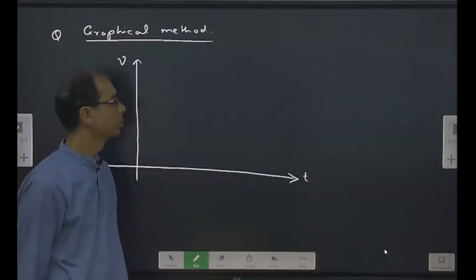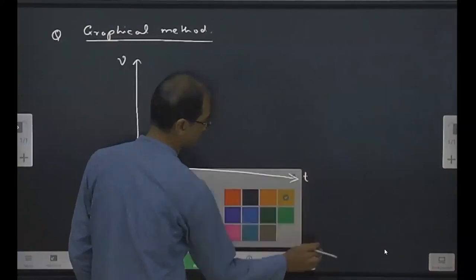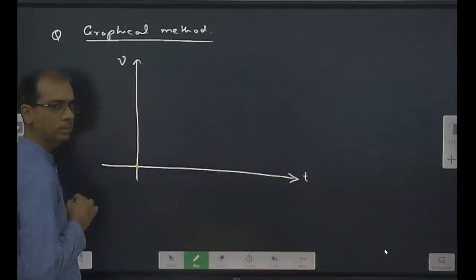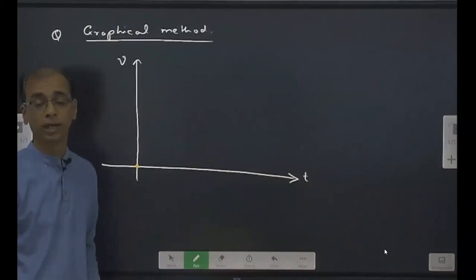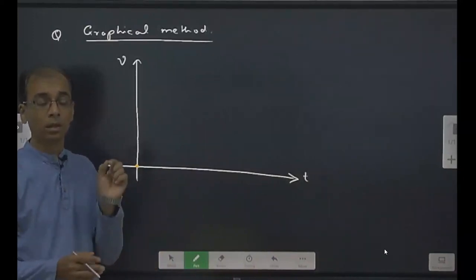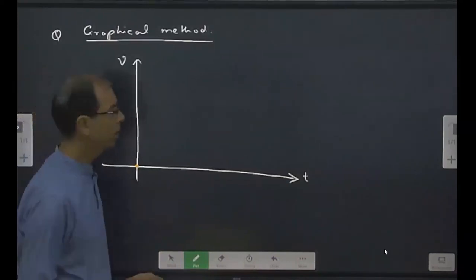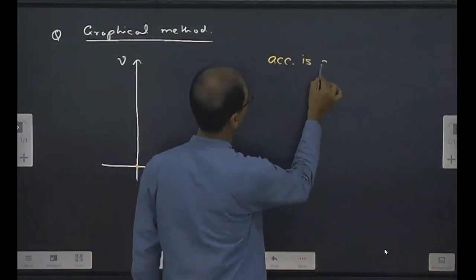First, it says that the car starts from rest, which means you'll start from the origin. Then it says it moves with a constant acceleration alpha. Acceleration is the slope of the velocity-time curve, you already have studied that.